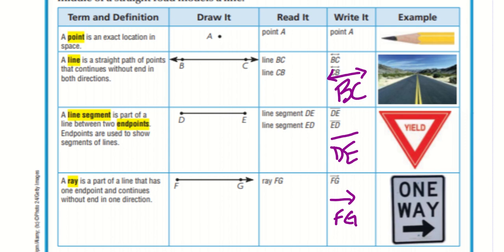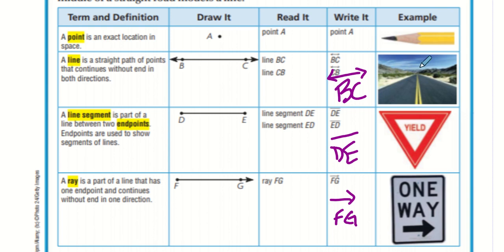Okay, so we can see lines or line segments or rays in our everyday lives. If you look at these pictures over here, you can see like the middle lines of a road. They continue on forever and ever and ever until the road stops, which could be a really long time.